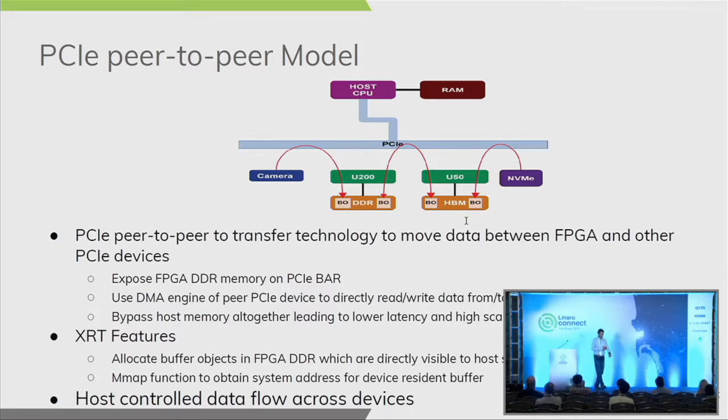I mentioned advanced technology. One of the advanced technologies that we enabled in 2019.1 is PCI peer-to-peer support, which means if you have a bunch of these devices plugged in onto a PCI bus, you can set up a very interesting pipeline execution across these devices where buffers are shared between them.